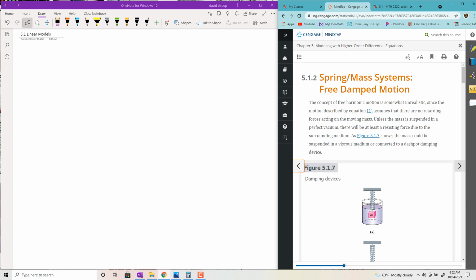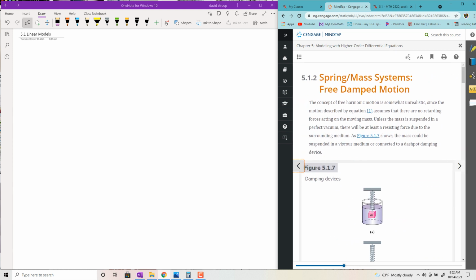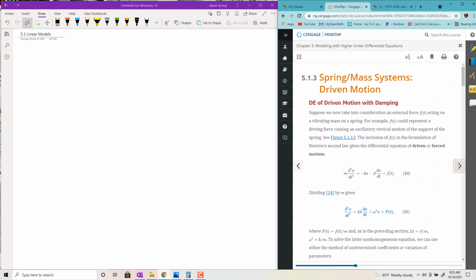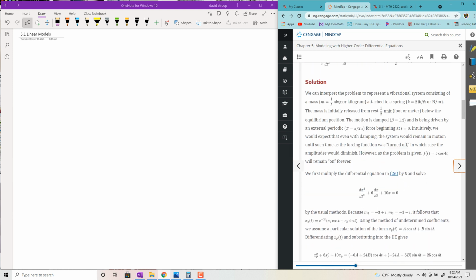You basically will solve these the way you have before, with the annihilator approach for the driven systems, and then you'll just build your auxiliary equations and characteristic equations for everything else. The driven systems, again, are going to be non-homogeneous. You'll have something on the right side. It won't be equal to 0, so you'll have to use the annihilator method to do those.